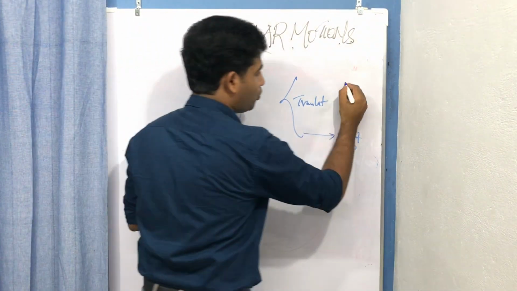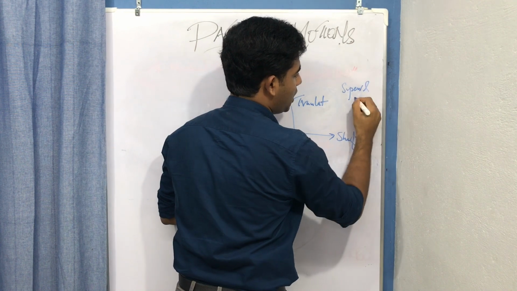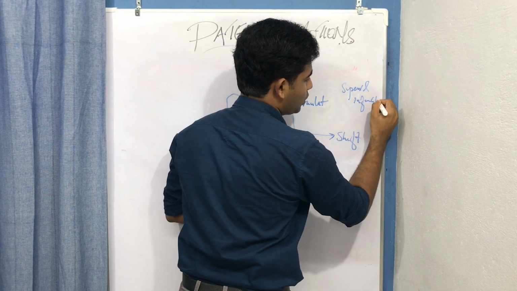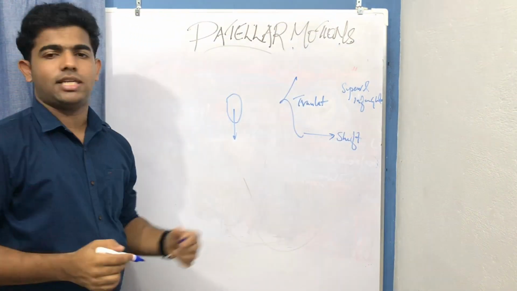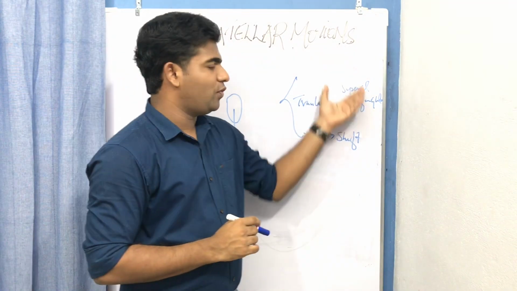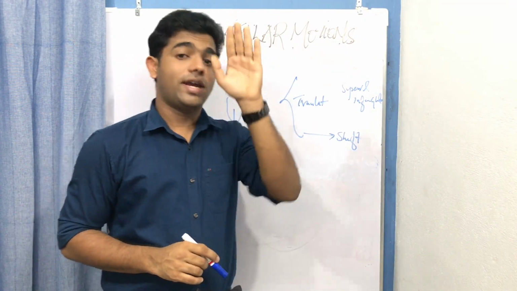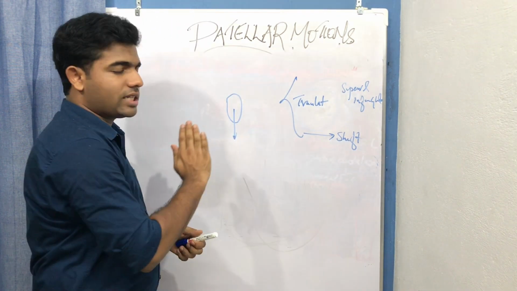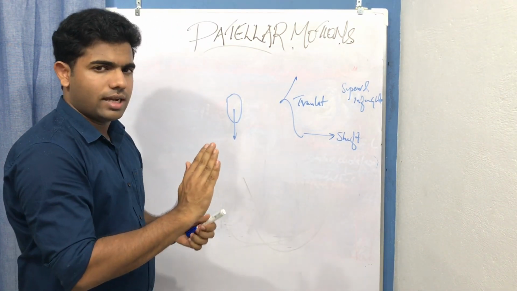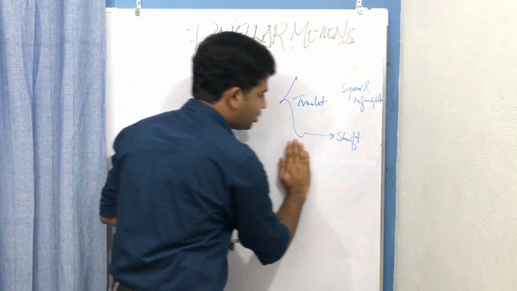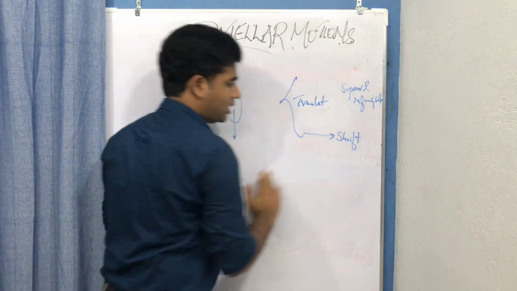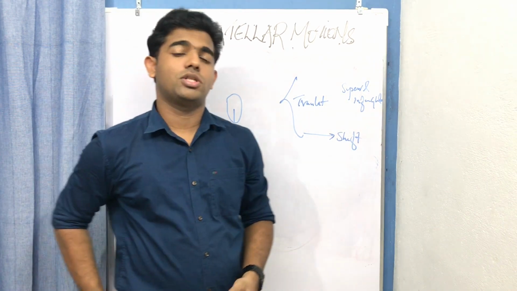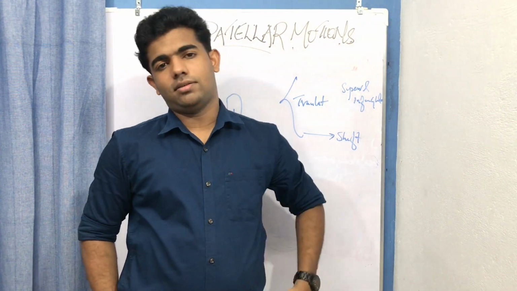That is the superior and inferior glide, which is happening during flexion, right? And the shifting movement can occur along with a slight degree of tilt, but it is actually an independent motion. So these two translatory motions are also possible in the patella.